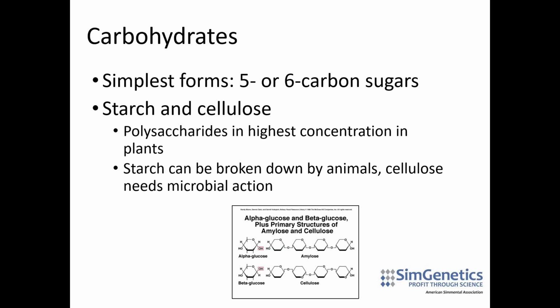And so you can see those, each little sugar molecule is the little 6-sided figure. You can see that they're bonded just differently. So the only difference is in how the glucose molecules, those 6 carbon sugars, are bound together in starch versus cellulose.